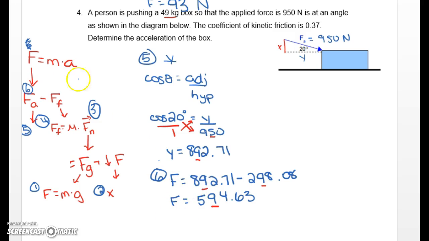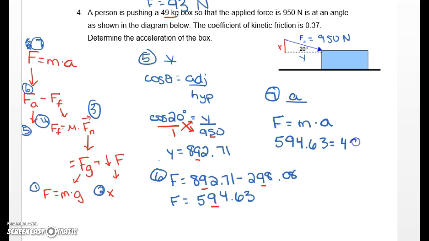Now that we have this overall force, we can now find the acceleration. So here we have our force is equal to our mass times acceleration. So the force we calculated here was 594.63, which is equal to your mass, which was 49, times that acceleration.